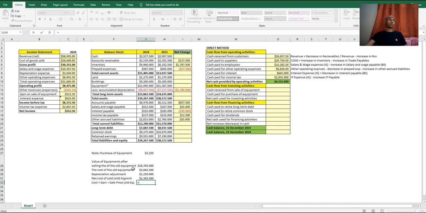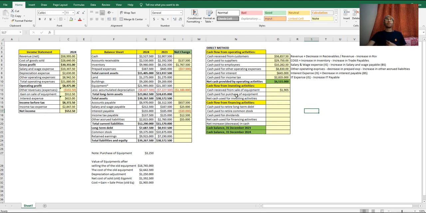This is equal to net cost of the sold equipment plus gain on the sale. This is 1905. This is basically the sale price of the old equipment. This is the cash received by selling the old equipment, 1905.